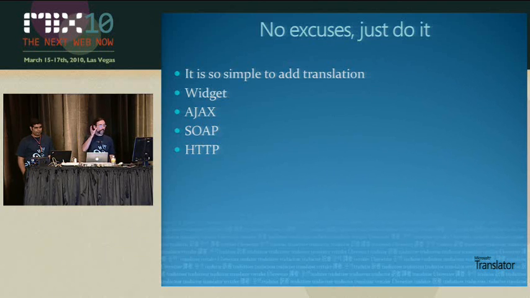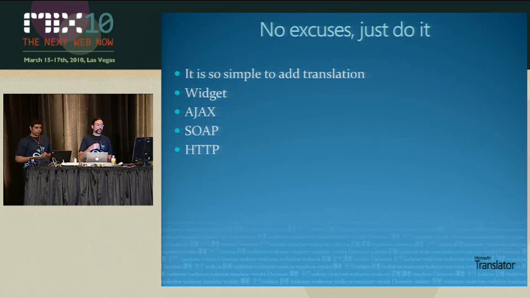You can, for example, leave your title, leave your brand untranslated, and just translate the components you want. Or if you want to get much more detailed, or you want to do something on a smart client or a different platform altogether, use the SOAP or the HTTP endpoints, and you get very rich control. You get the results back, and you can disseminate those results and do what you want with them.